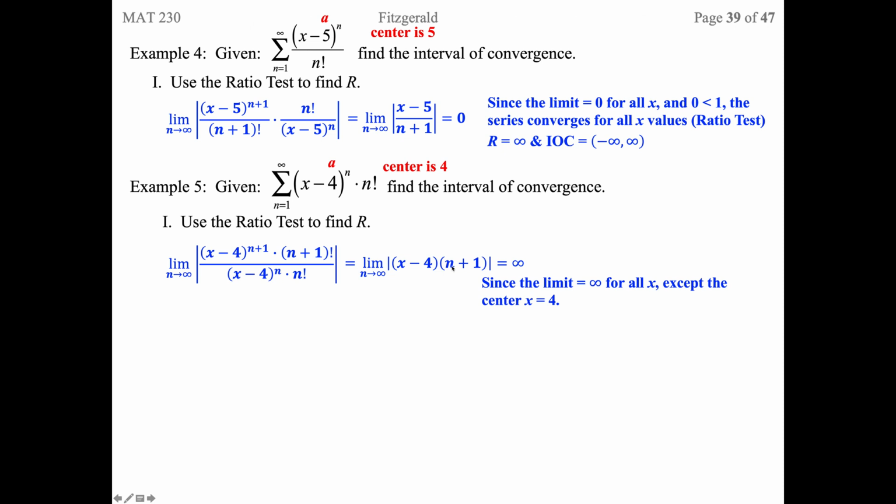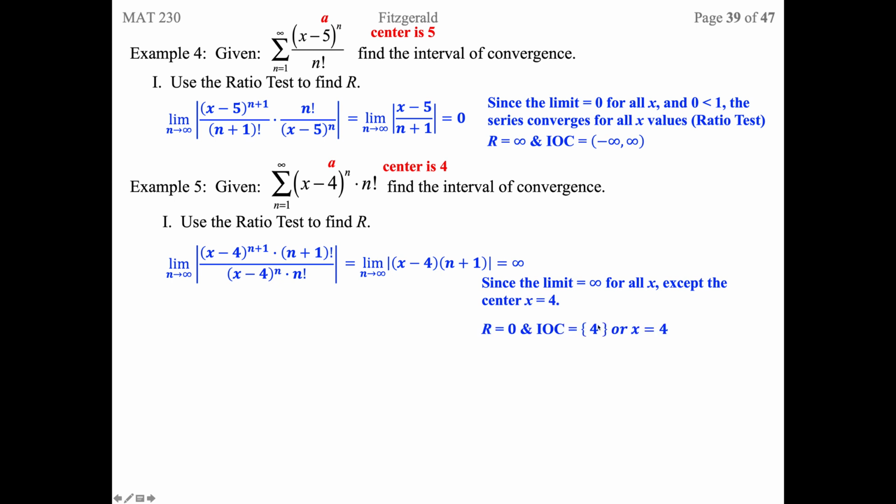And again, n is in our limit as n goes to infinity. It's x minus 4 times infinity, so we are going to infinity. Since the limit is infinity for all x except the center, x equals 4, that means your radius is 0 and our interval of convergence is only the value of 4.